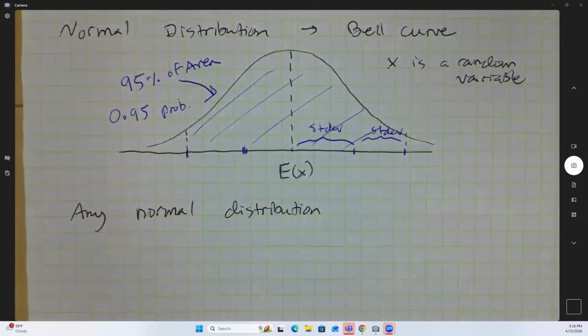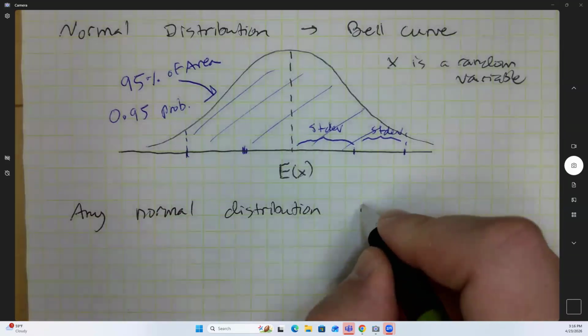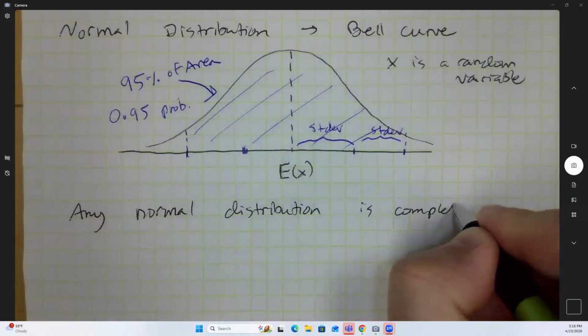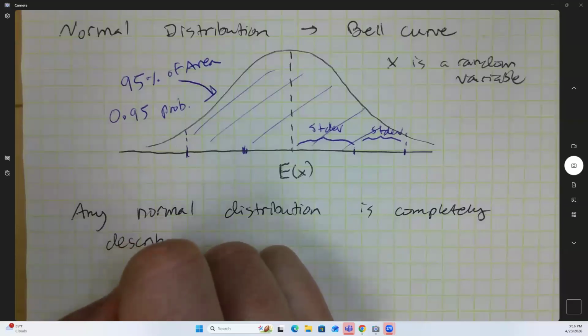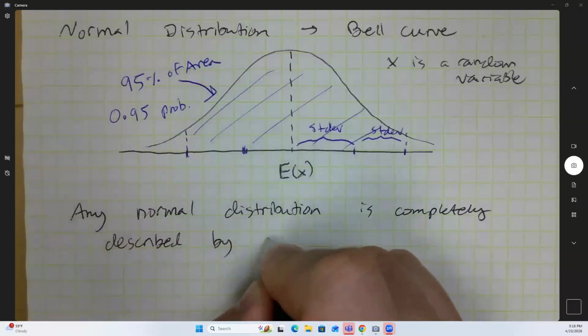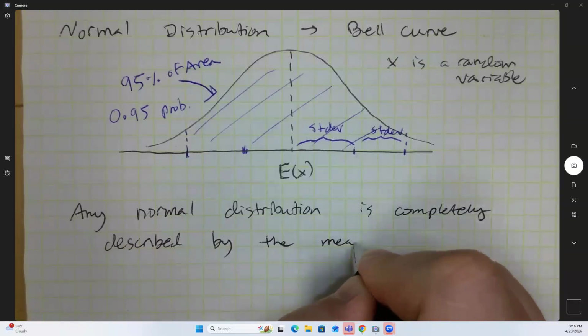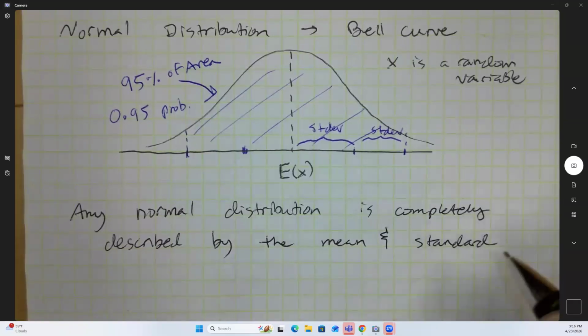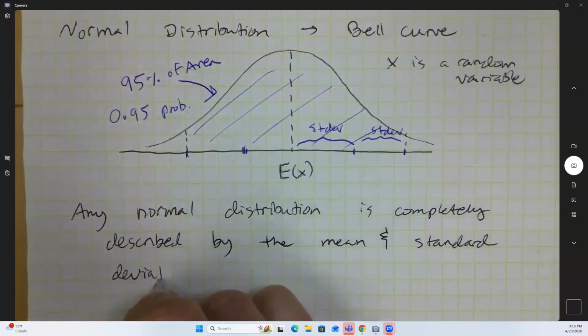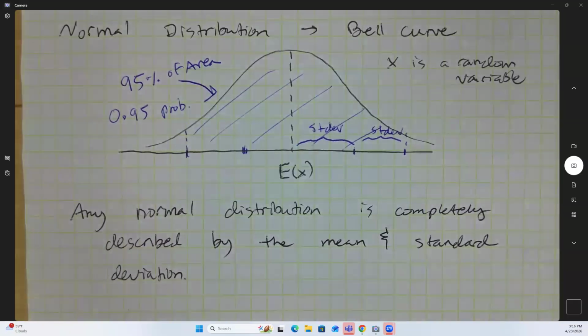Any normal distribution, truly normal distribution, not just an approximation, but any normal distribution is completely described or determined by the mean and the standard deviation. Those are the only two numbers you need. And then mathematically, you can draw what the bell curve looks like.